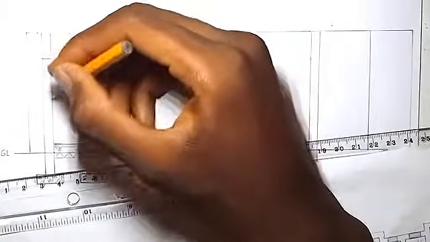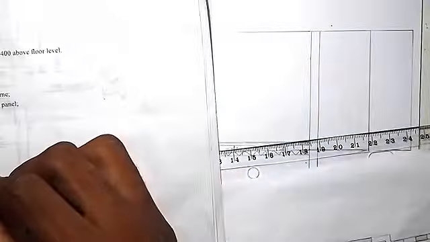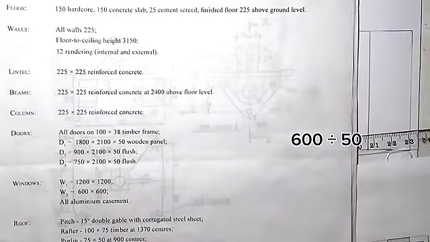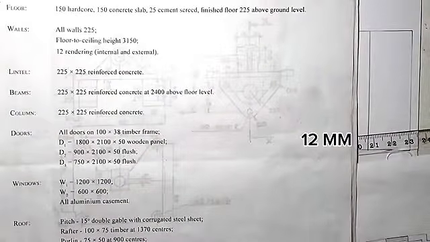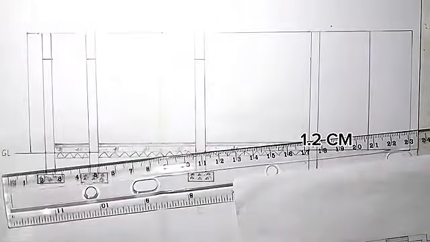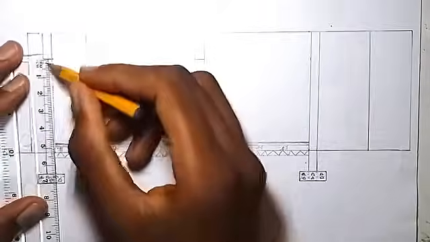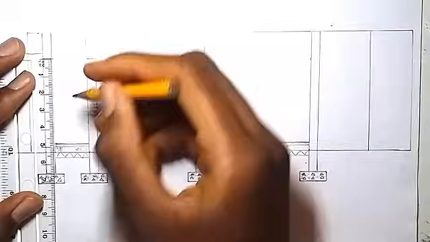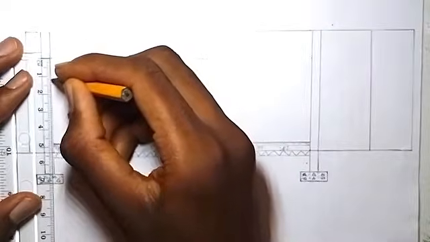Good. So from this mark now, we have to take our window. The window height is for the W2, because here is W2. The height is 600. So 600 divided by 50 is 12, which is 1.2 cm. So the 1.2 cm, we'll mark 1.2 for the window. Then we'll put the mark for the window. So the 1.2 is here. Good.